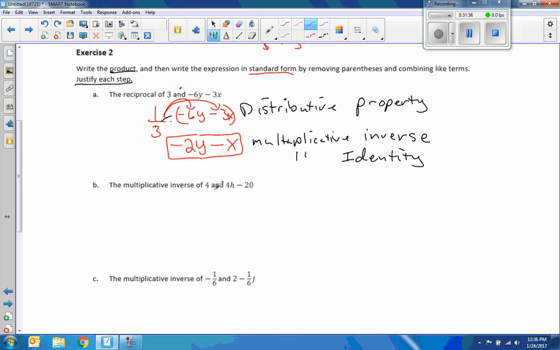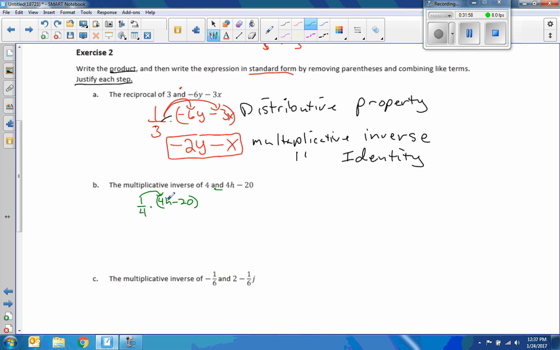Alright, the multiplicative inverse of 4 is 1/4. And times 4h minus 20. You have to put that in parentheses because you're dividing everything by 4, or multiplying everything by 1/4. So 1/4, this is the distributive property. I'm not going to write this every time.